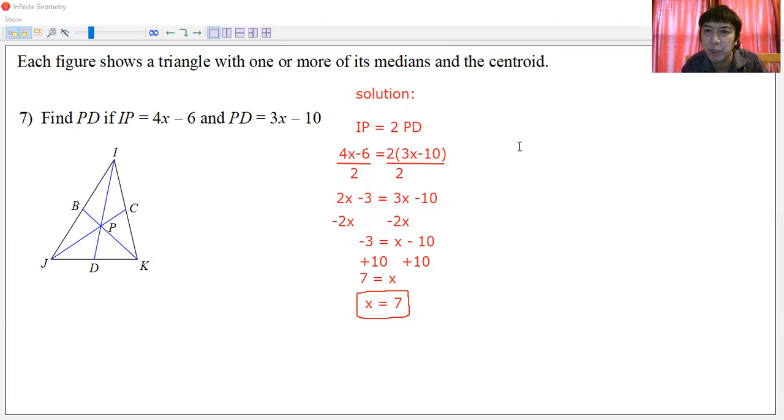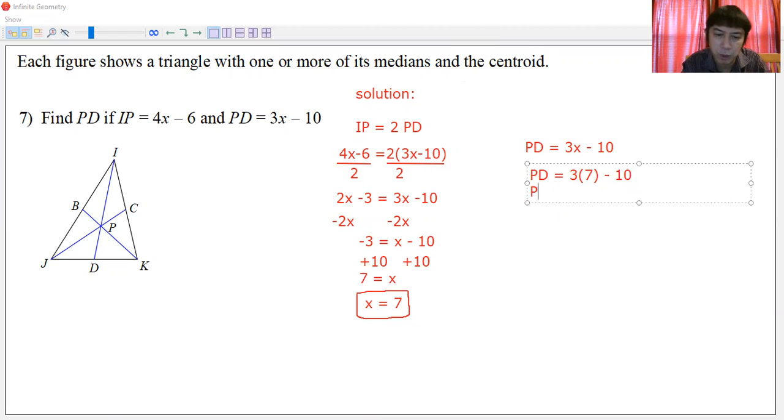Now we're about to compute PD. Let's find PD. We have PD given by the expression 3x minus 10. We will substitute the value of x that we have. This will be equal to 3 times 7 minus 10.